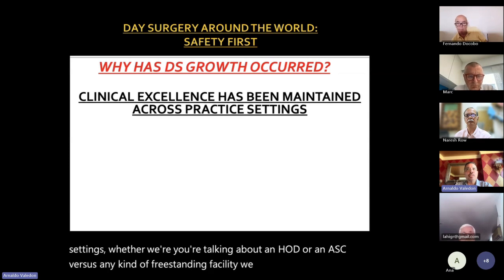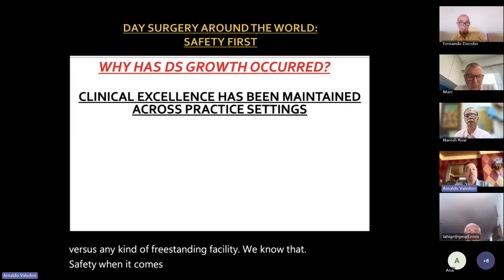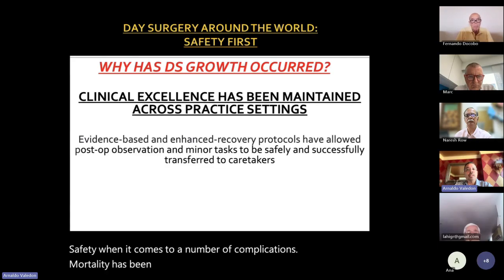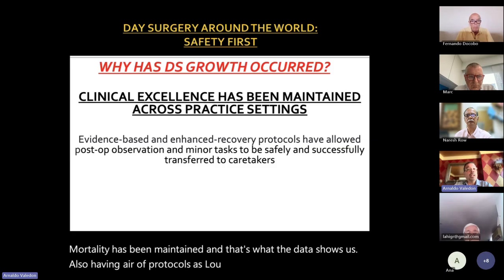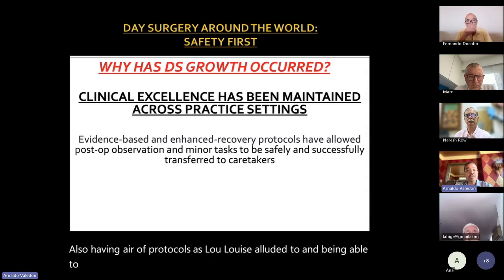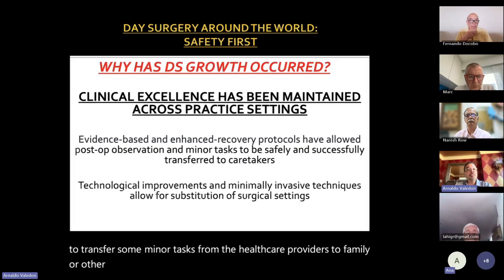We know that safety, when it comes to number of complications and mortality, has been maintained, and that's what the data shows us. Also having ARF protocols, as Luis alluded to, and being able to transfer some minor tasks from the healthcare providers to family or other caretakers has been successful.